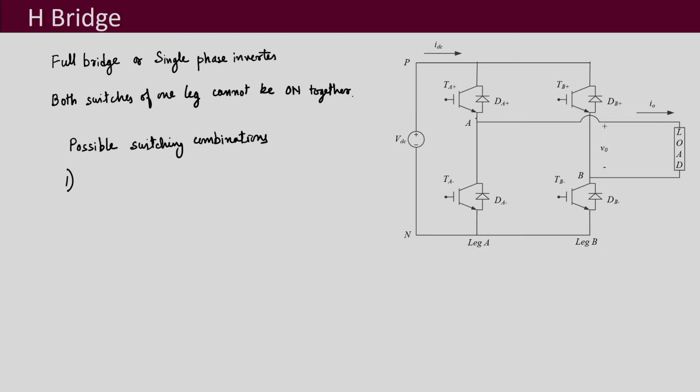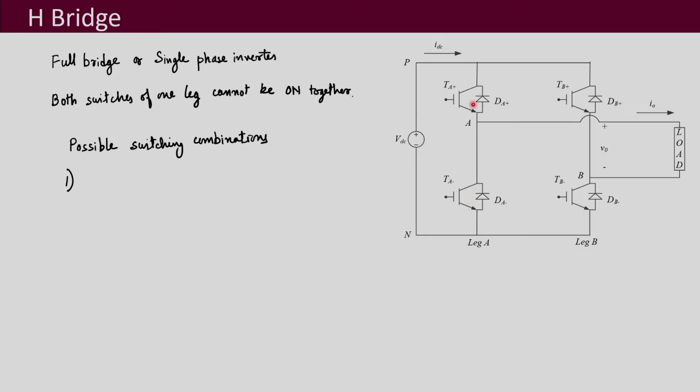First, what we can see is that TA plus and TB minus, these diagonal switches can be on together, and the other two diagonal switches also can be on together.